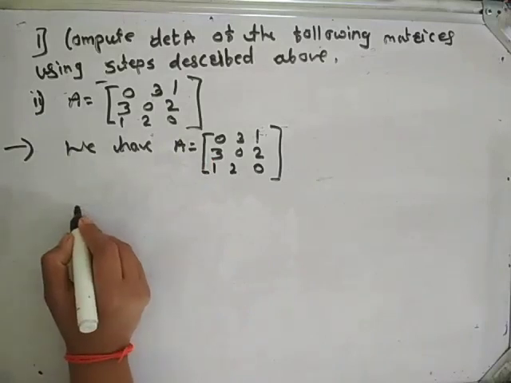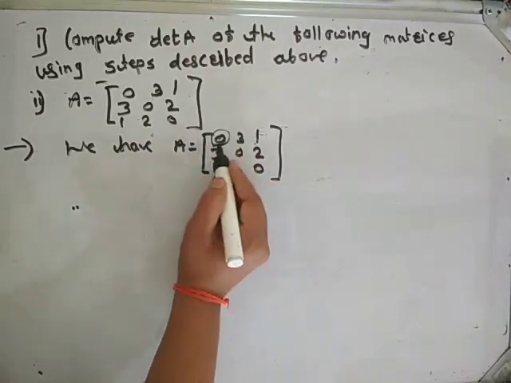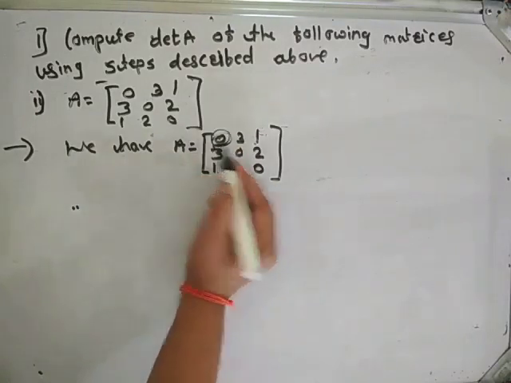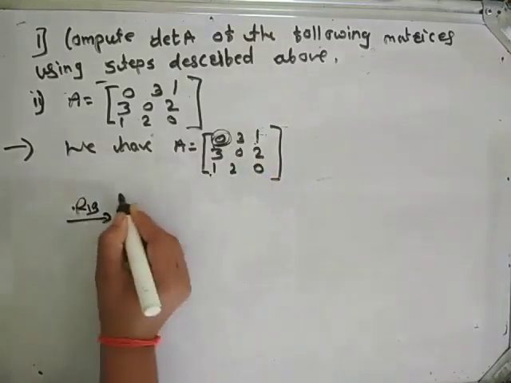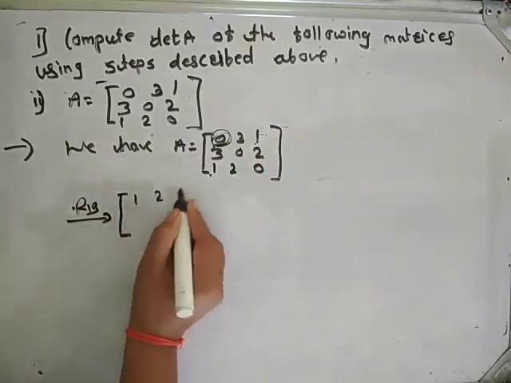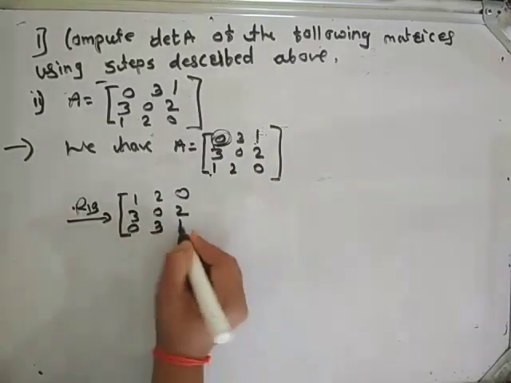First of all, we perform a row operation. Yes, students, see here, this entry is 0. That's why we perform a row operation R1 and R3 interchange. So we will get matrix 1 2 0 3 0 2 0 3 1.